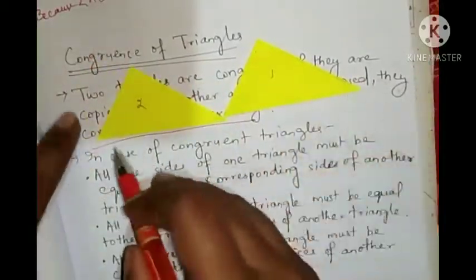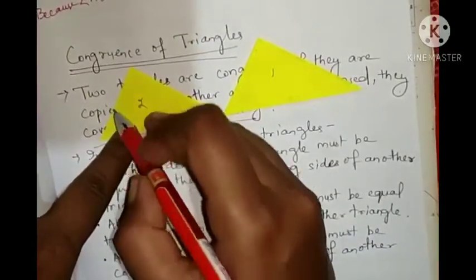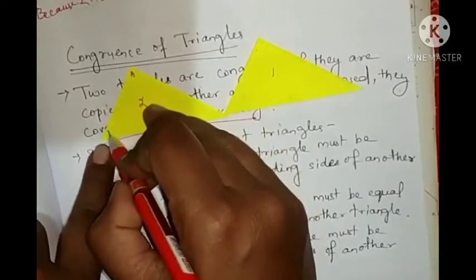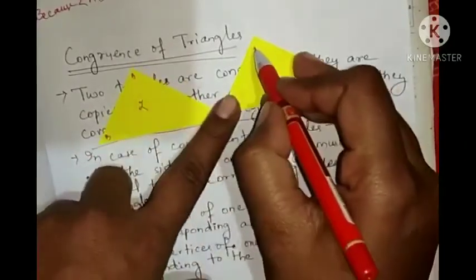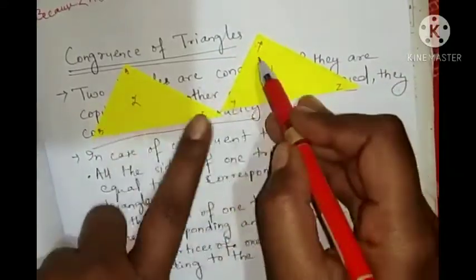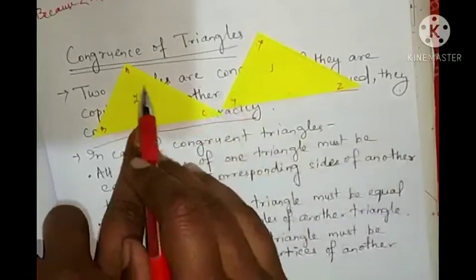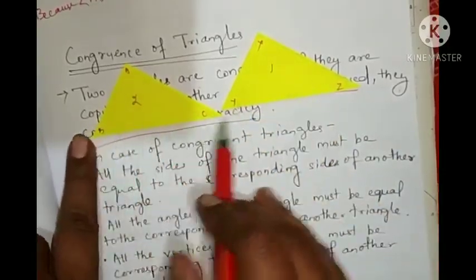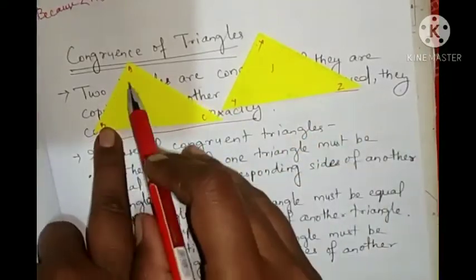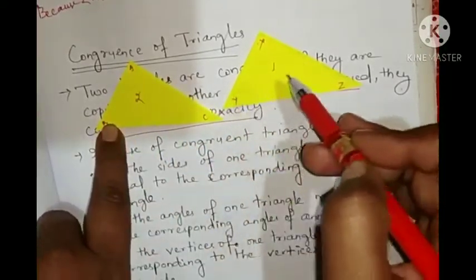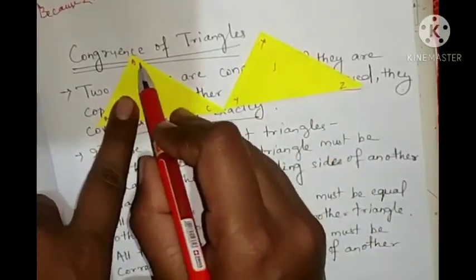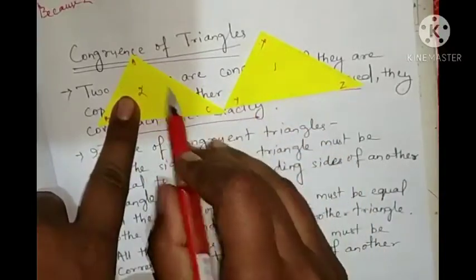Then you will say, I'll name them A, B, C and X, Y, Z. AB is equal to XY, AC is equal to XZ, BC is equal to YZ. So AB and XY are corresponding sides. AC and XZ are corresponding sides. Means this side is corresponding to this side.